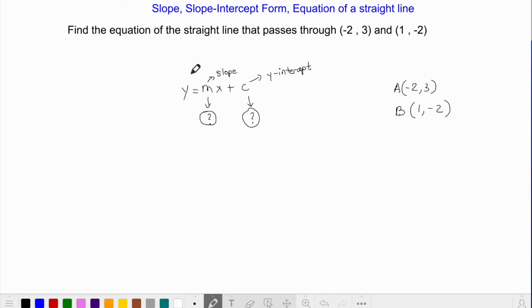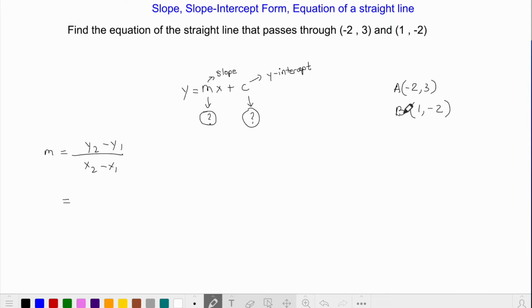The first thing that we can find is the slope of the line given 2 points, and the formula is: the slope is equal to y2 minus y1 divided by x2 minus x1. If we use this point as point 1, then we will use its x value and y value as x1, y1, and the other will be x2, y2.